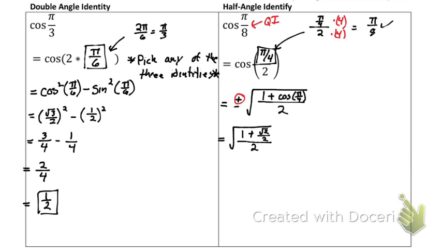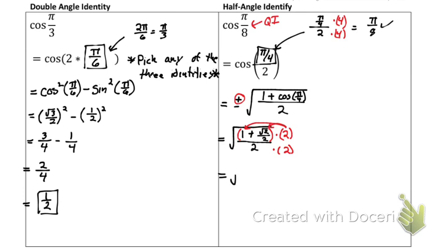Here's where it's nice to just know how to clear fractions. So this is going to be the stage where I'm just going to multiply by 2. I'll multiply the bottom by 2 as well. Make sure you are distributing that 2 to both things.